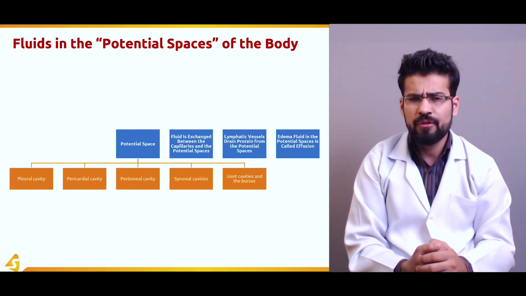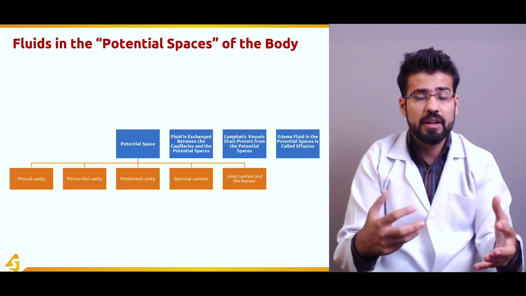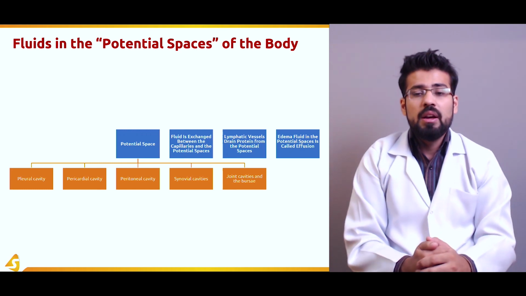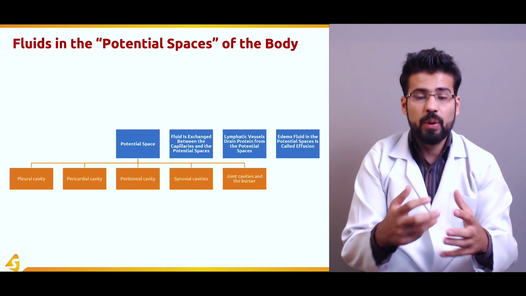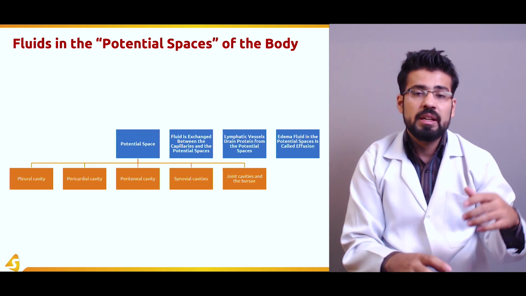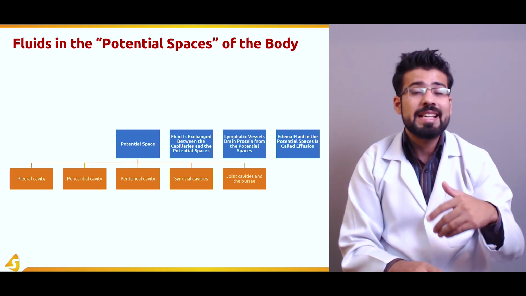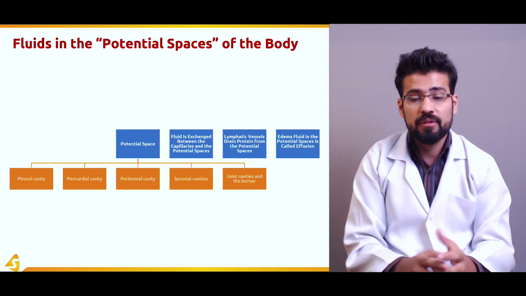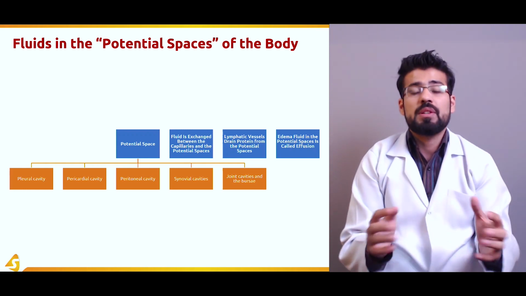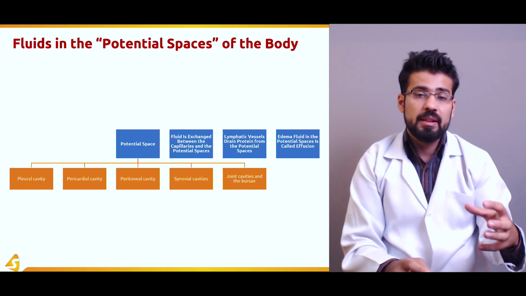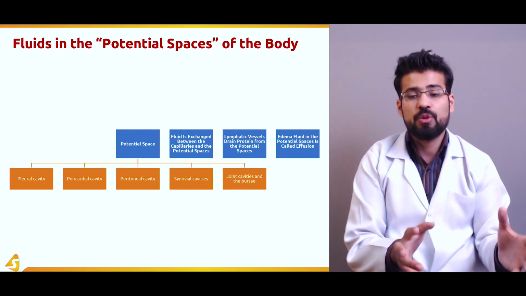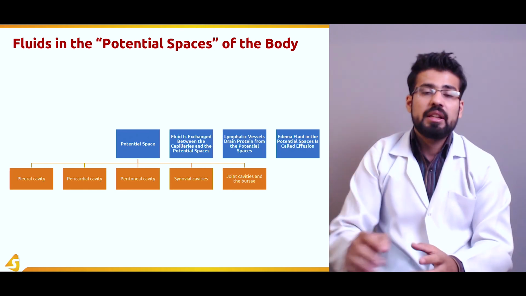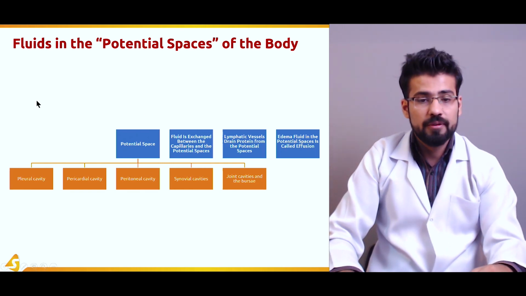They play a very critical function as a safety factor against the establishment of edema. When edema is being formed, the first thing that will occur is the accumulation of edema fluid in these potential spaces. This process is known as effusion, and that fluid is known as the effusion.